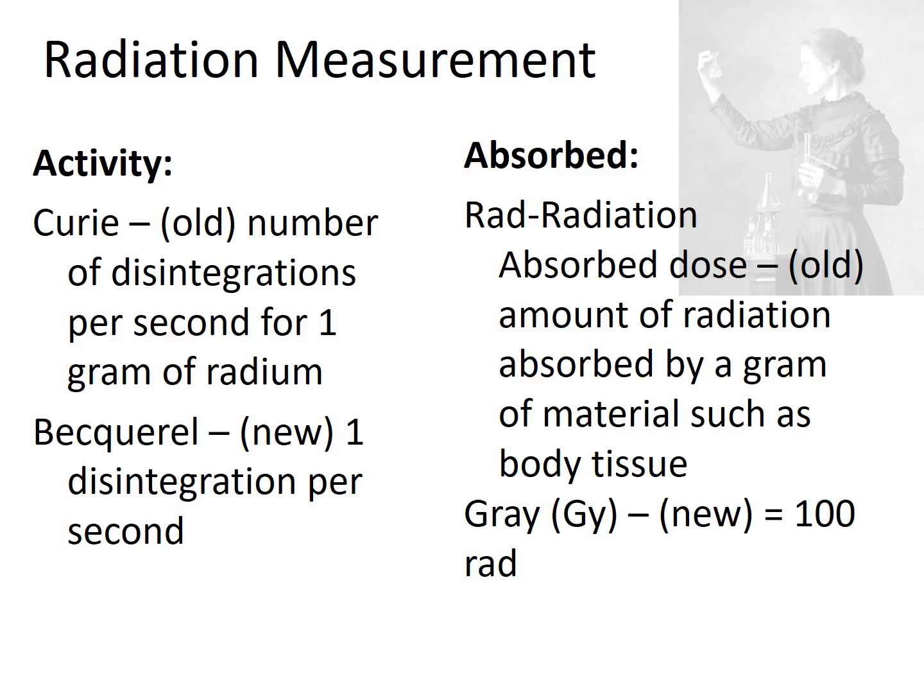One reason for this is that a smaller number sometimes doesn't sound quite as dangerous, and so maybe the scientists are trying to tone down the radiation fears, and by changing the number from 100 rads, they could say, no, they've only been exposed to 1 gray. Well, it's the same amount, it's just a smaller number.